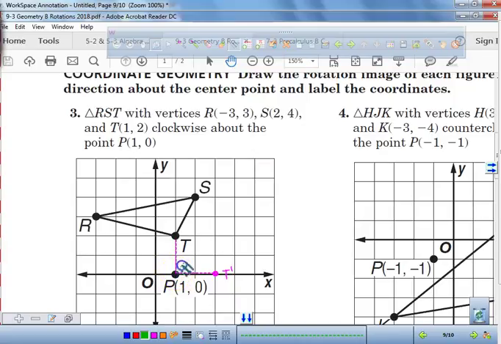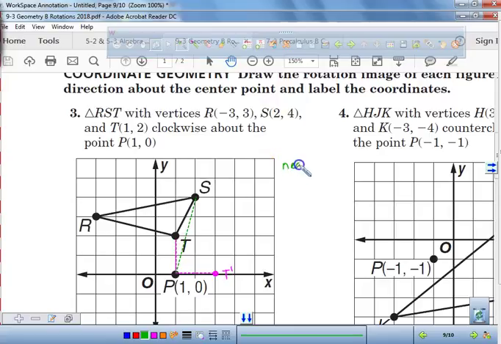The next thing I'm going to do is draw a line from P to S. So go ahead and draw a line from P to S. By the way, we're going to use the concept of negative reciprocals to help us out.